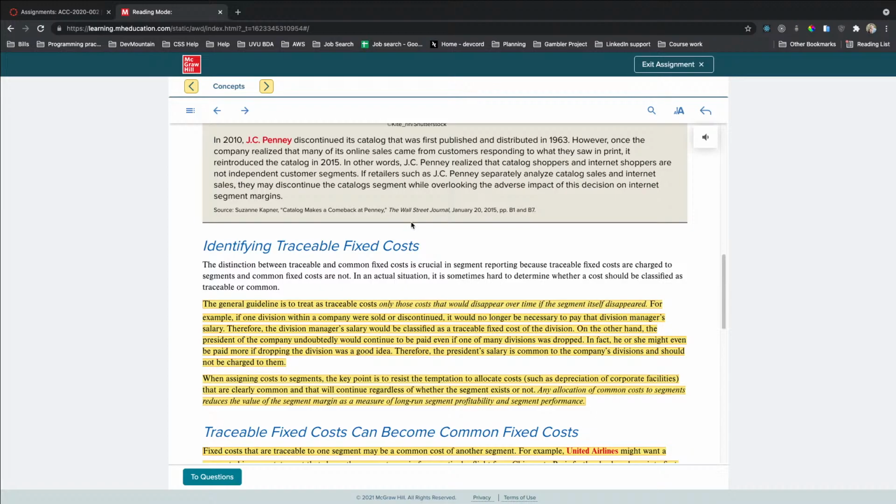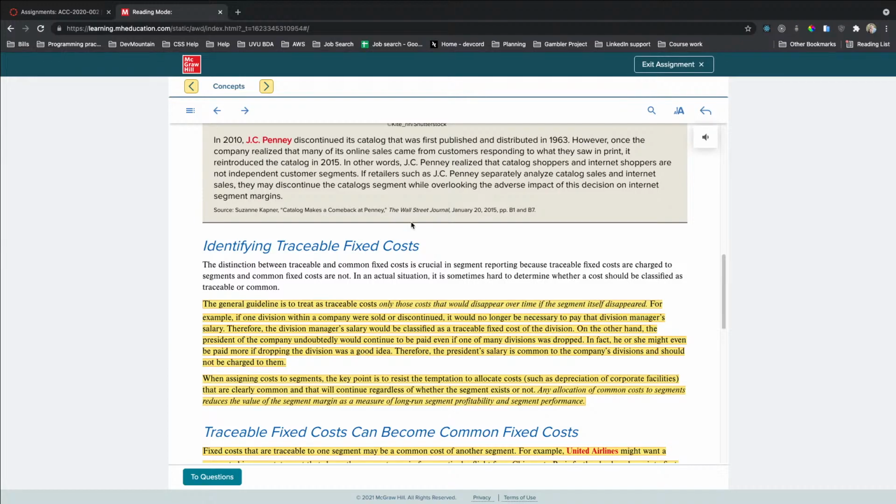All right, in 2010, JCPenney discontinued its catalog that was first published and distributed in 1963. However, once the company realized that many of its online sales came from customers responding to what they saw in print, it reintroduced the catalog in 2015.